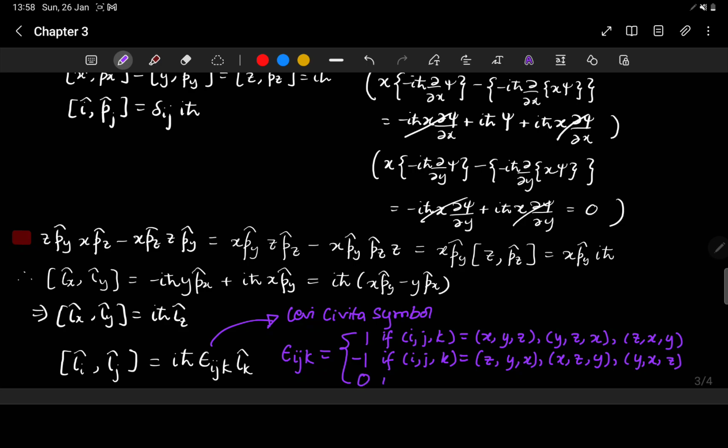And it is 0 if i equals j or j equals k or k equals i.